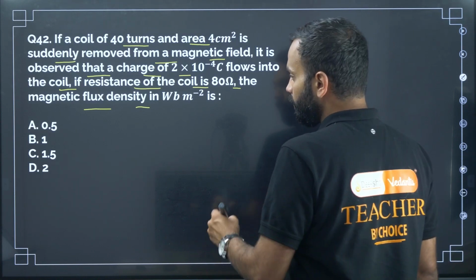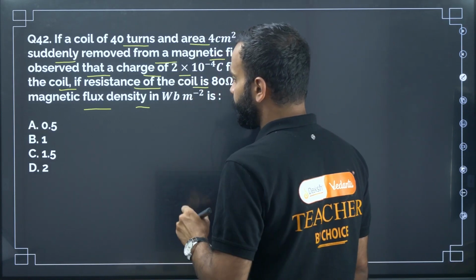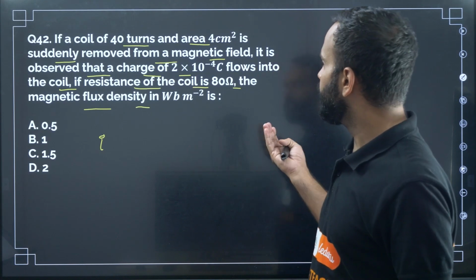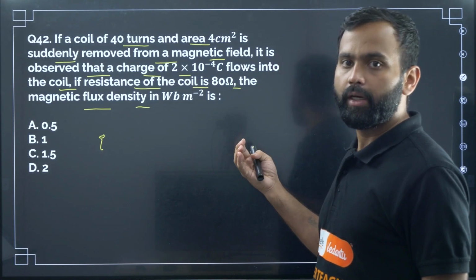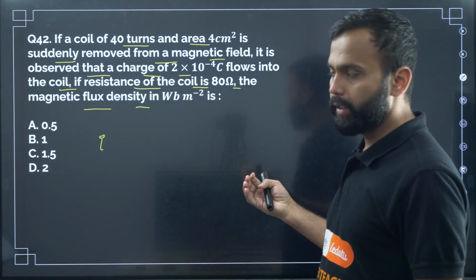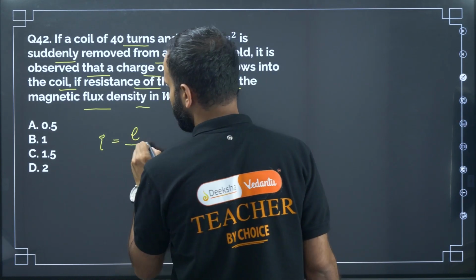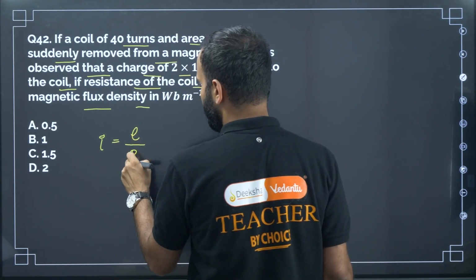So here, when the coil is suddenly removed from the magnetic field, what happens? Induced current will be produced in the coil, right? The induced current in the coil is equal to the induced EMF produced in the coil divided by the resistance of the coil.